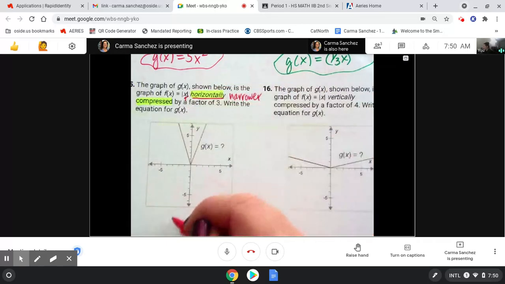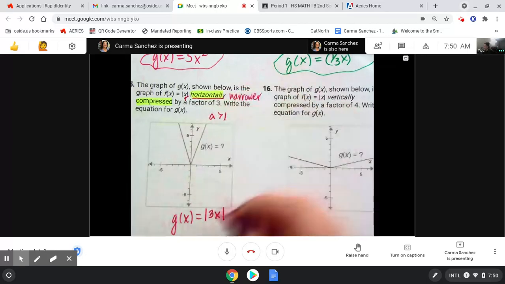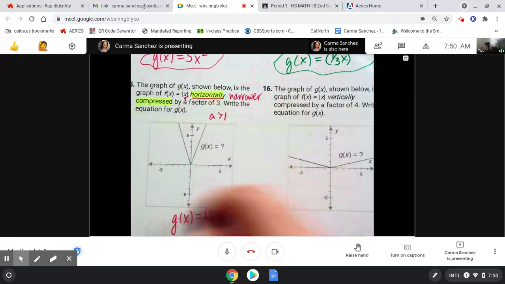So we're going to say g of x equals, and it's by a factor of 3. So that's it. Horizontally compressed, a narrower graph means I want an a value greater than 1. So there's my 3x. It's inside the bars because horizontal means a change to the interior input function.